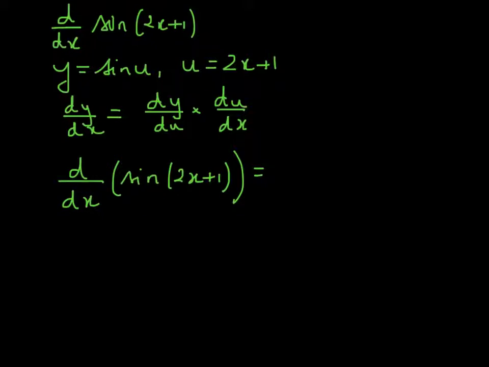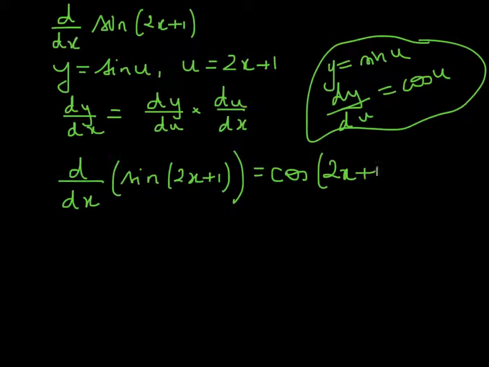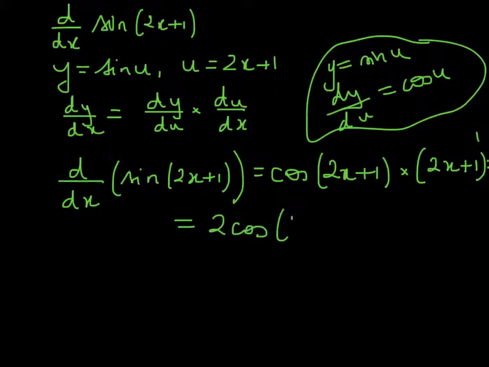If y equals sine u, then dy by du is cos u, the formula from the previous slide. So this is going to be cos of u times du by dx, so the derivative of 2x plus 1. Doesn't matter which notation I'm using. So it's the same as the derivative of 2x plus 1, which is 2 cos of 2x plus 1.